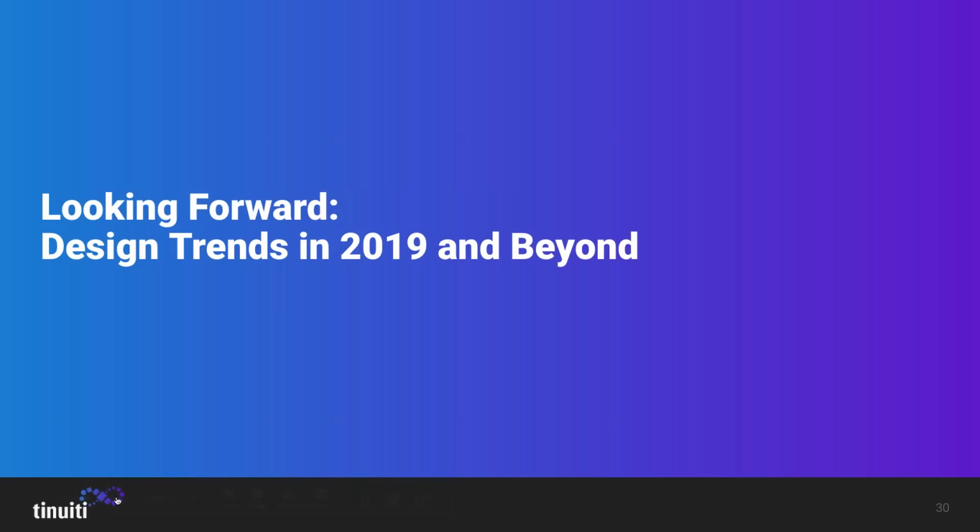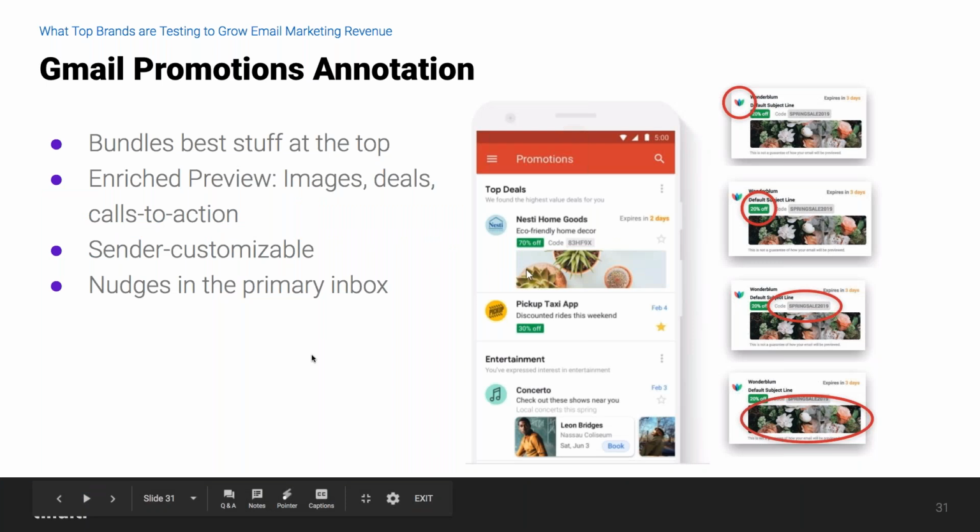So just looking forward to a couple design trends that we see coming down the pipeline after you've revisited your fundamentals, tested and optimized your creative for mobile. What else do we have that we can look to? One of the big things that's coming or has already been launched but is being rolled out on a higher level is Gmail promotions annotations, and it's a change to the Gmail promo tab.